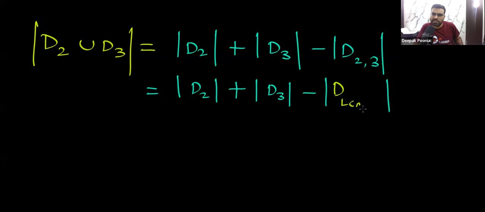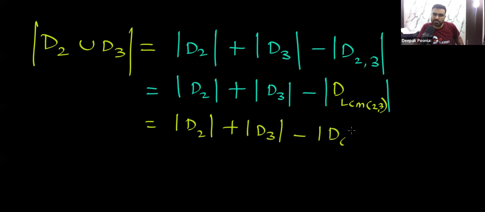Here we have to take the LCM of 2 and 3, which is 6. So finally, I get size of D2 plus size of D3 minus size of D6.